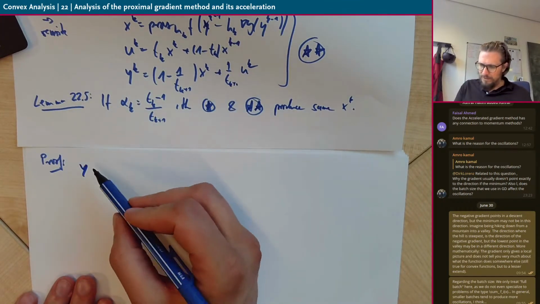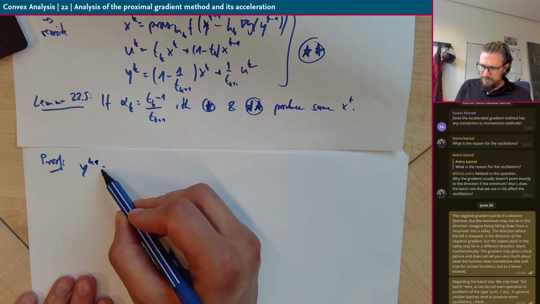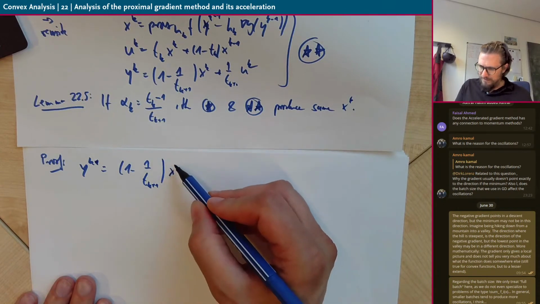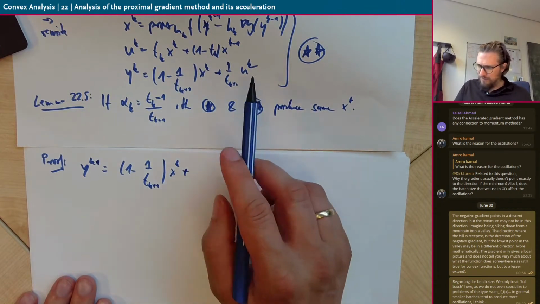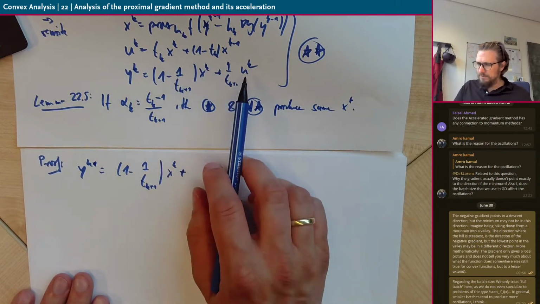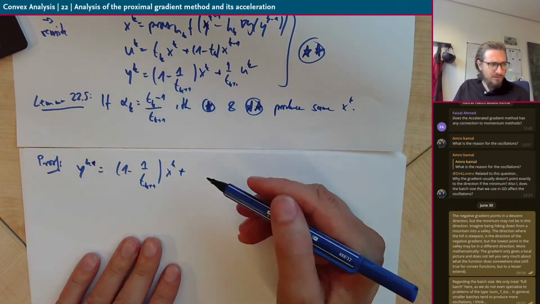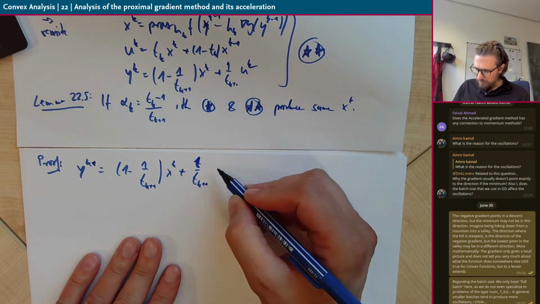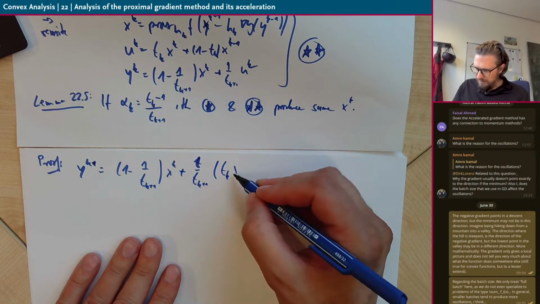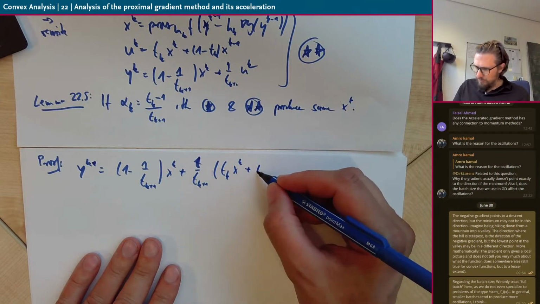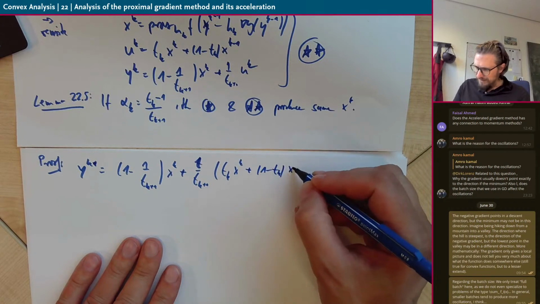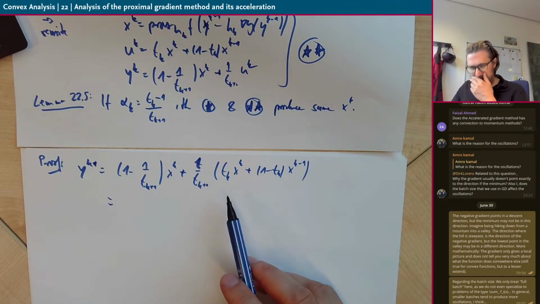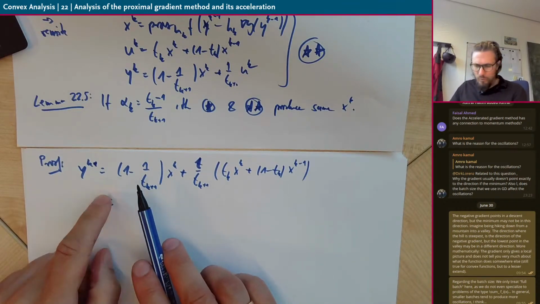So the yk is then 1 minus 1 over tk plus 1 times xk plus, and now this uk will be that, so let's write it like 1 over tk plus 1 times tk xk plus 1 minus tk xk minus 1, and now we just collect everything. So how many xk's do we have? We have 1 xk from here.